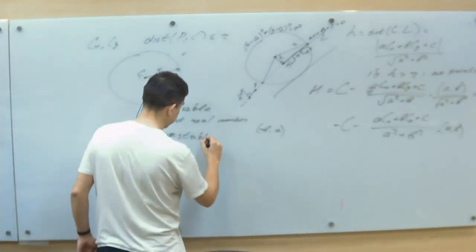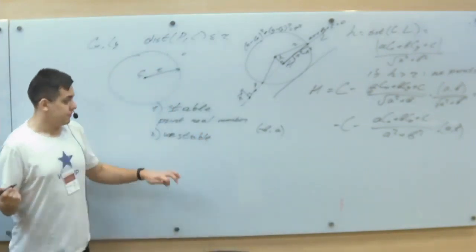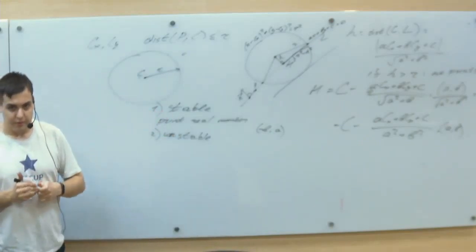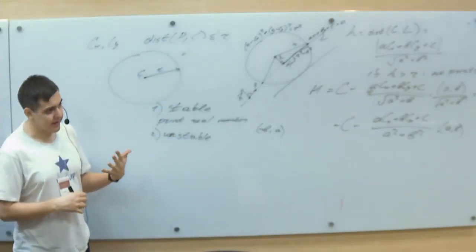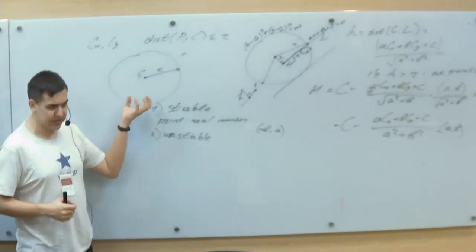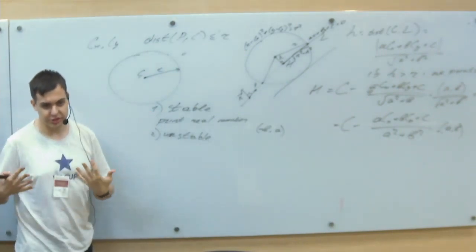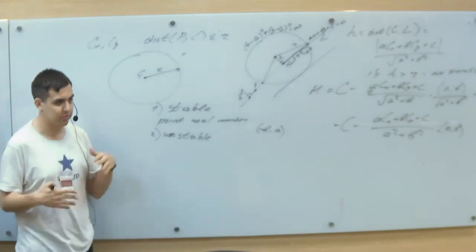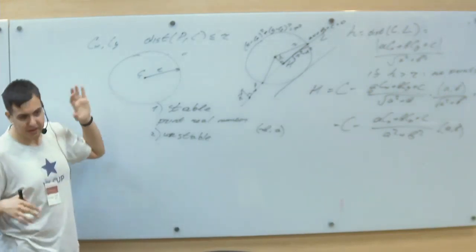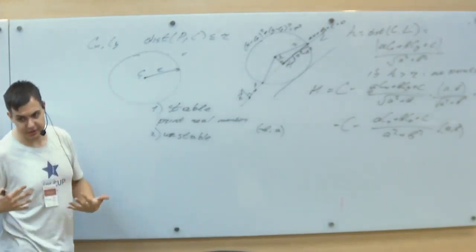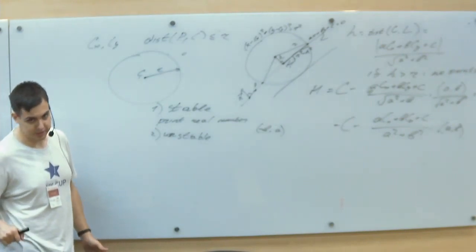This is unstable. So for stable problems, the stability is defined as: if you change the input a little bit, the answer shouldn't change a lot. So pretty much the answer is a continuous function of the input.